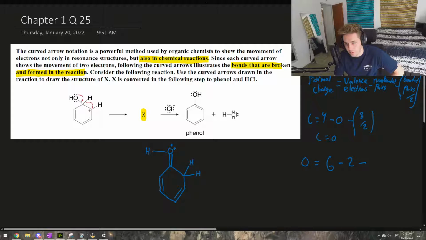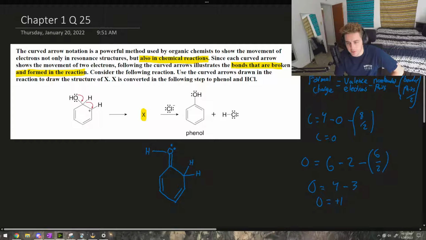It has 1 bond, 2 bonds, 3 bonds, 1 double bond and 1 regular bond, which is going to be 6 electrons total. 6 over 2 is going to be 3. So oxygen equals 6 minus 2 is 4, minus 6 divided by 2 is 3.